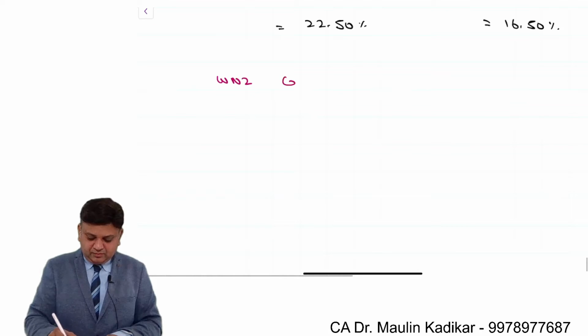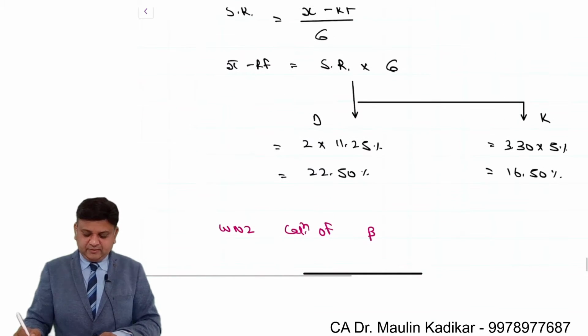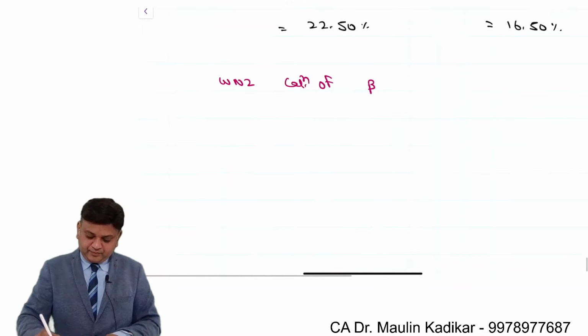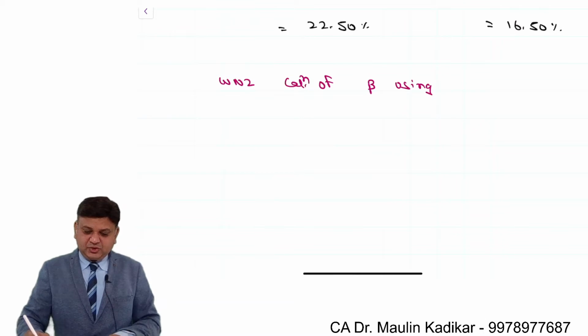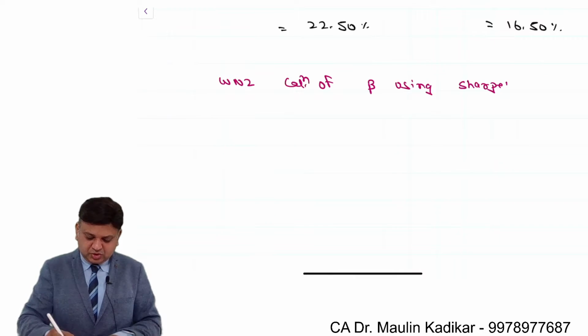Working note number 2, calculation of beta using Sharpe ratio information. Sorry, using Treynor's ratio information.